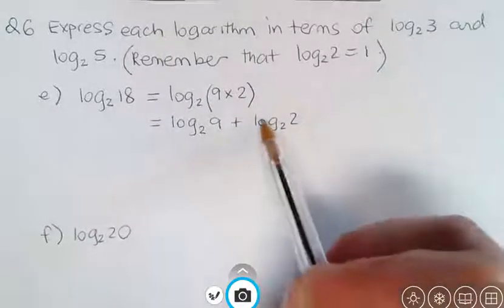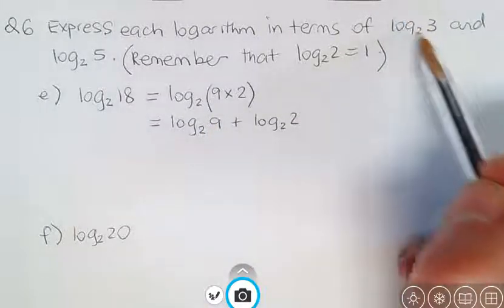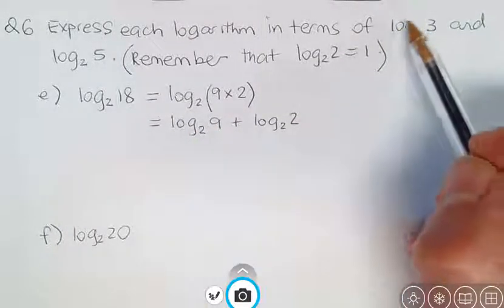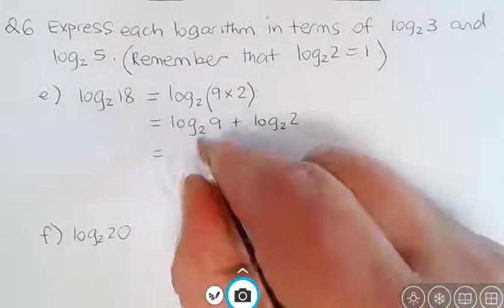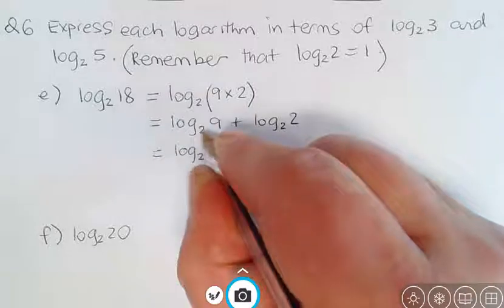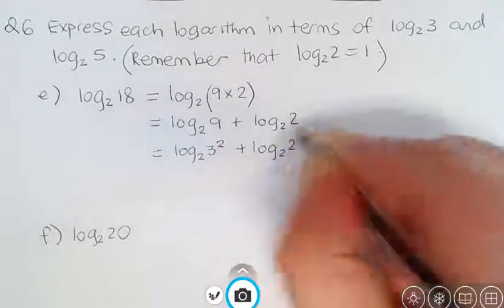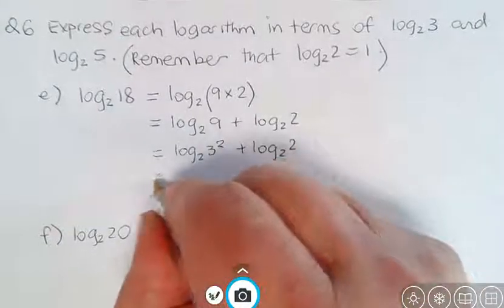Now we know that log to the base 2 of 2 is 1, but we want to express this in terms of log to the base 2 of 3. Now we know that log to the base 2 of 9 is the same as log to the base 2 of 3 squared. And we've also got log to the base 2 of 2.